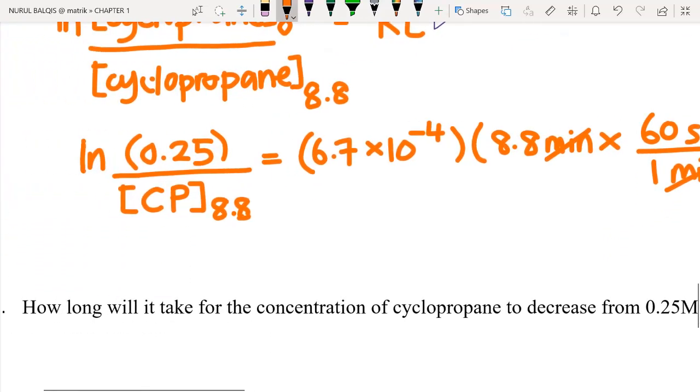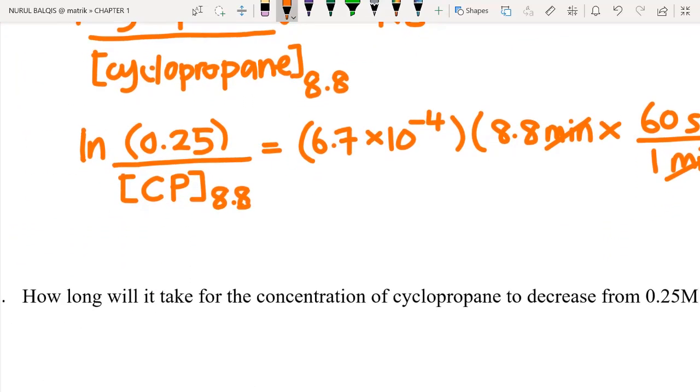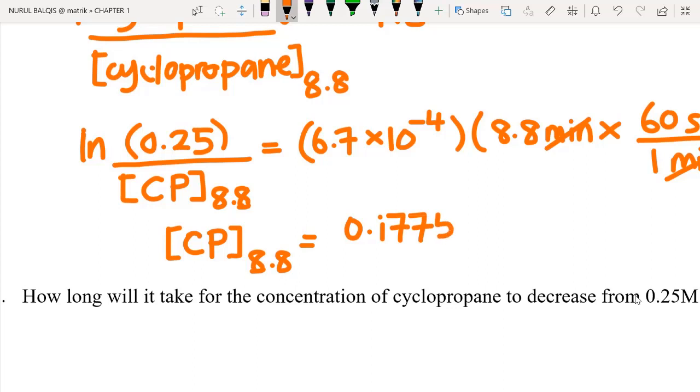So once we substitute this value and then we calculate the value, we're going to get the concentration of cyclopropane after 8.8 minutes gonna be 0.1775 molar.